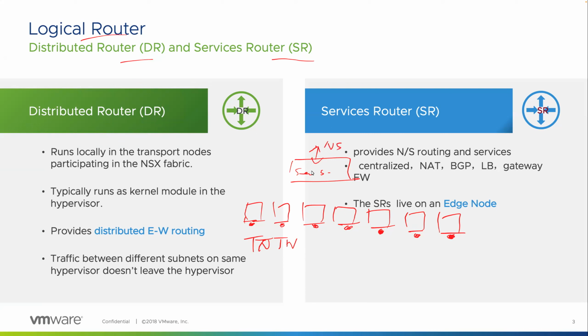Some of the functions have to be centralized, and some have to be distributed onto every transport node. So here we have the distributed router form factor, and we also have the service router form factor.